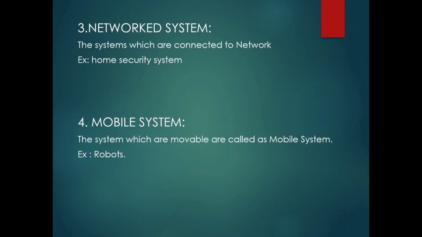Network system: the systems which are connected to a network are called network systems. Example: home security system. Mobile system: the systems which are movable are called mobile systems, such as robots. So next, my friend Vamsi Kumar will continue.